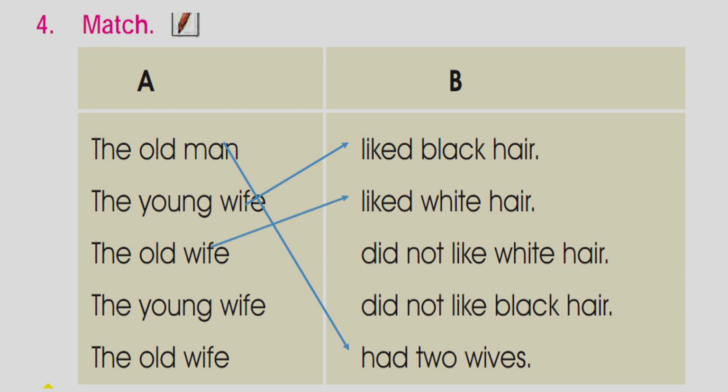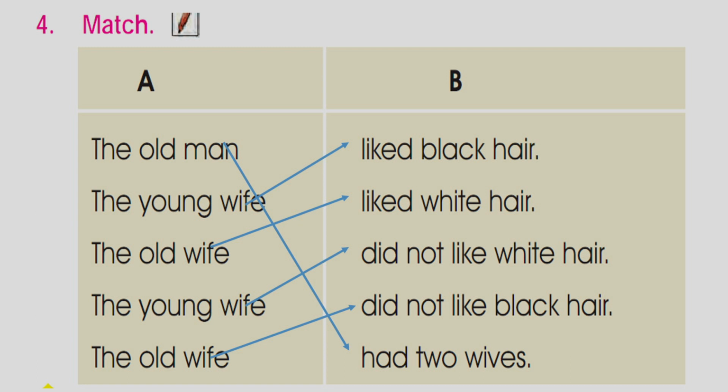The old wife liked white hair. The young wife did not like white hair. And then the young wife did not like white hair. And the old wife did not like black hair. This is the answer. Alright, you must have done with this exercise.